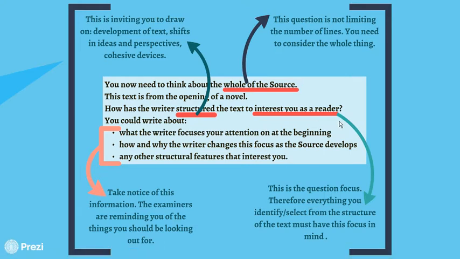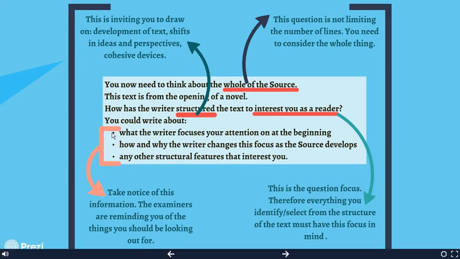So every comment that you make about structure needs to link back to how we as the reader are being interested by these structural choices. And then finally, as we said before, don't neglect to look at these bullet points because they're reminding you of the things that you should be looking out for.